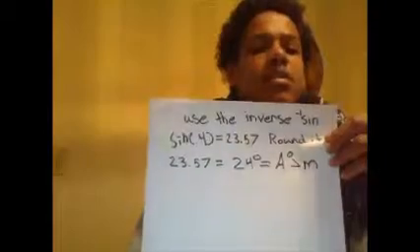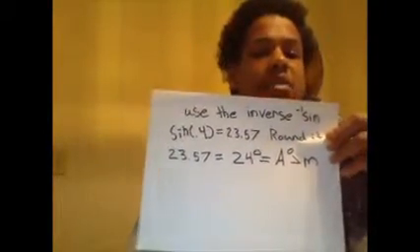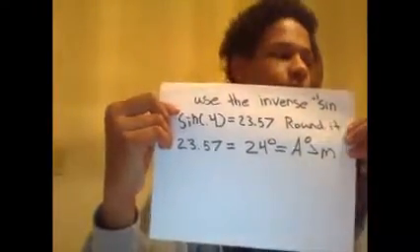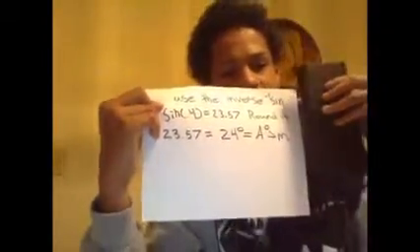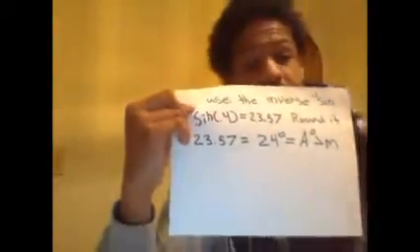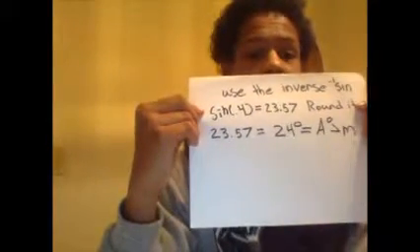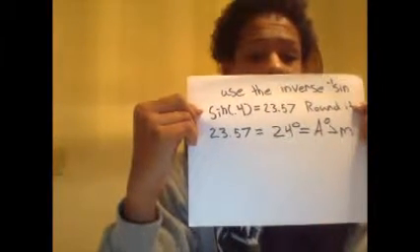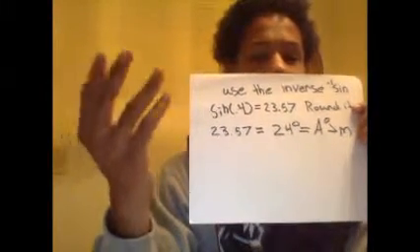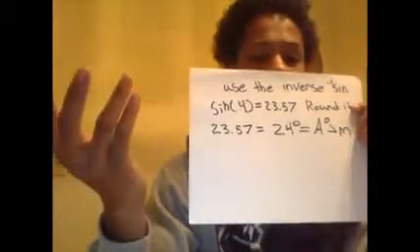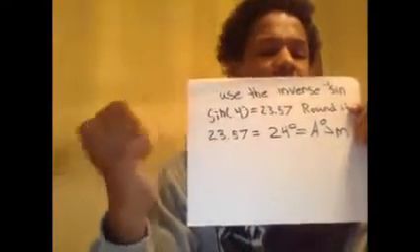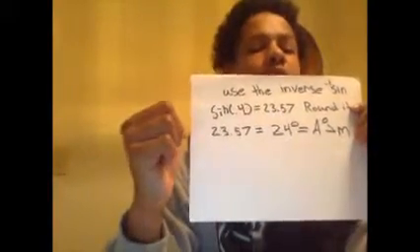As you can see, when you type it into your scientific calculator, you will get a total of 23.57. Now, we round it. What does that round to? 24. So now you know that angle A is approximately 24 degrees.